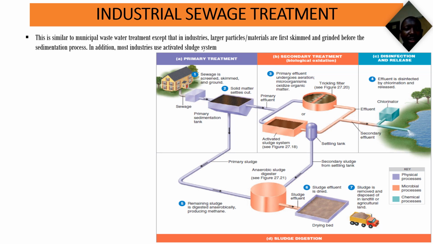Now, generally, industrial sewage treatment is similar to the municipal wastewater treatment, except that in industries, larger particles or materials are first skimmed and then ground before the sedimentation process.